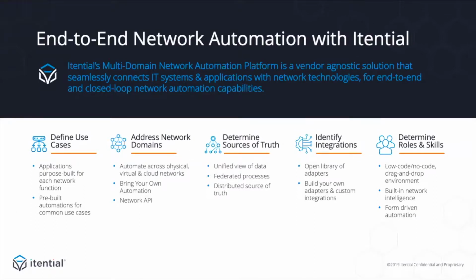So just a bit on how Itential focuses on each of these steps within this pragmatic approach. These are the 5 same steps that we talked about before, so I'll talk a little less about each one and maybe just around how Itential can support each of these steps as you go on your network automation journey. When it comes to defining use cases, we do have a developer site, and we've been putting up sample artifacts.